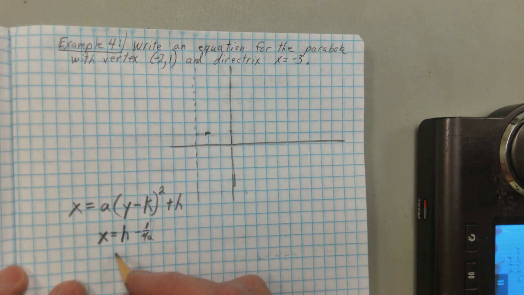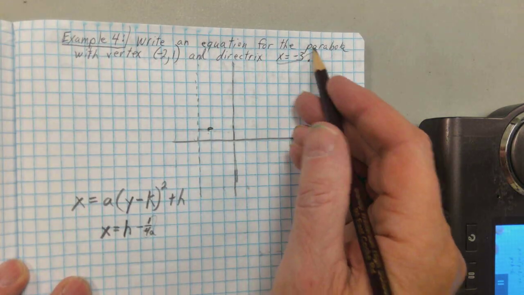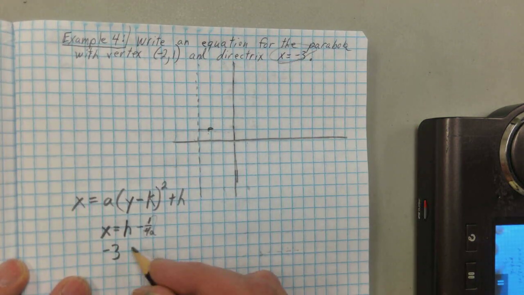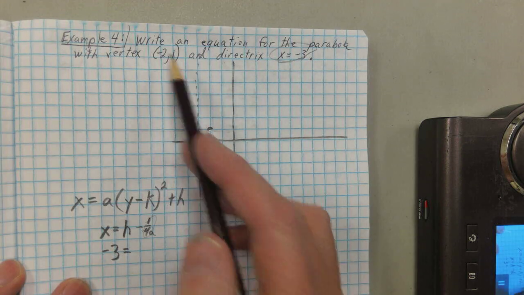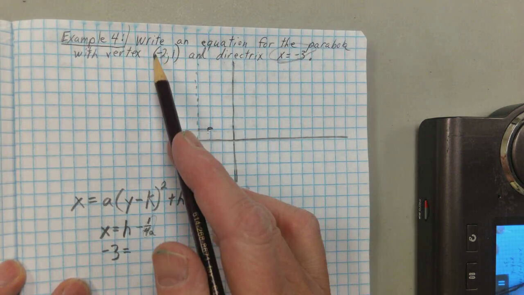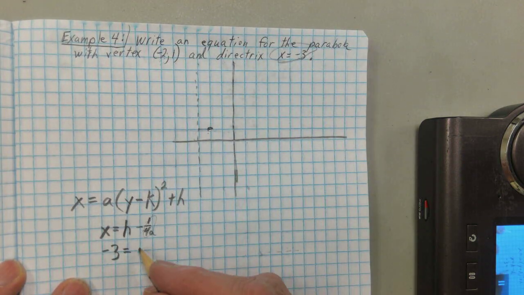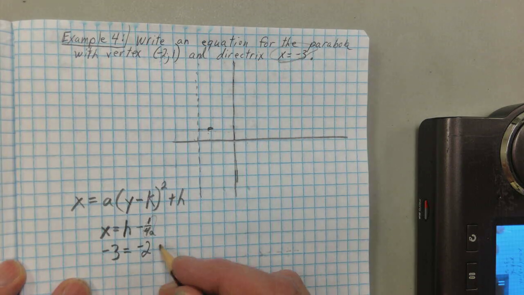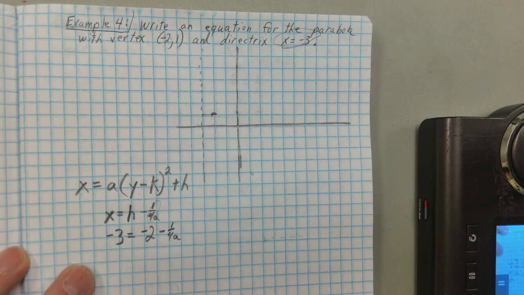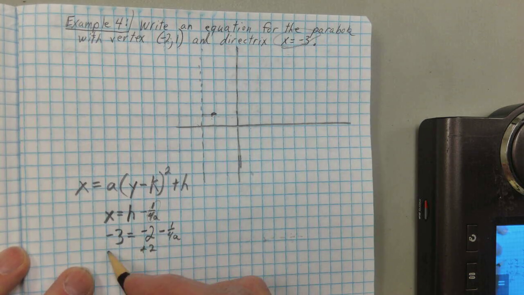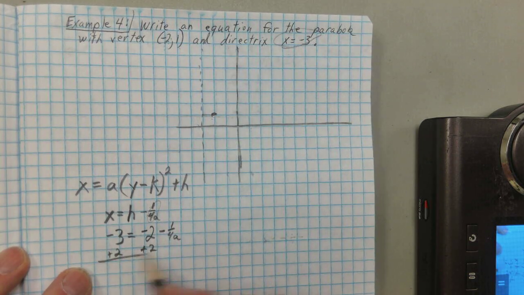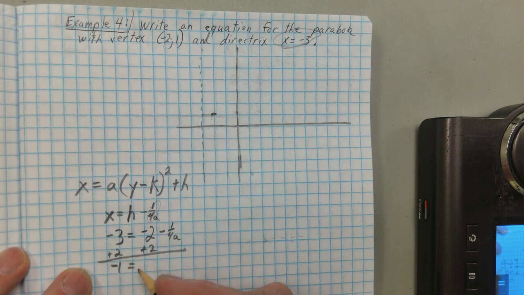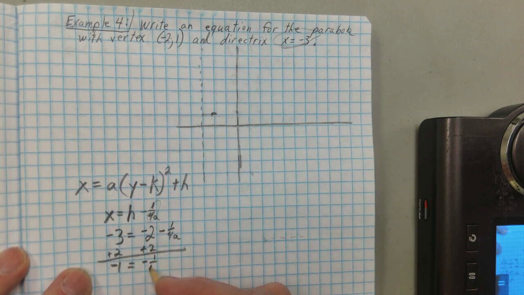Well, x is -3. h is the x-coordinate, which is -2, minus 1 over 4a. So I'm going to add 2 to both sides, just figuring out what that a is right now. So -1 equals -1 over 4a.